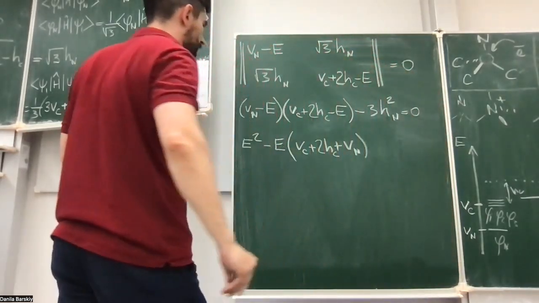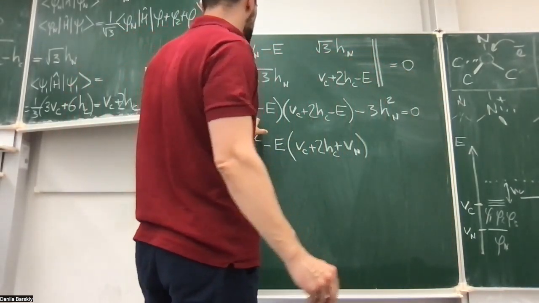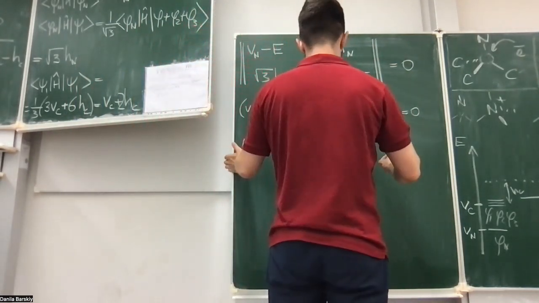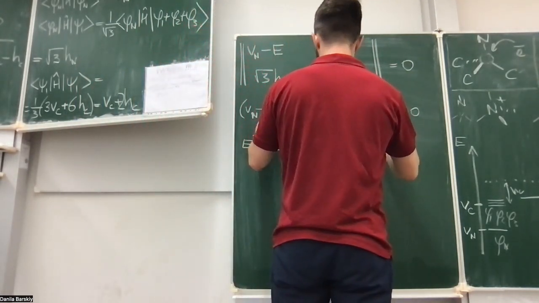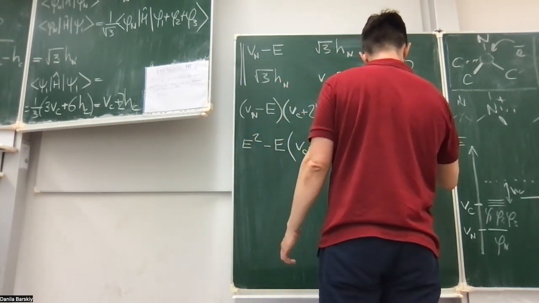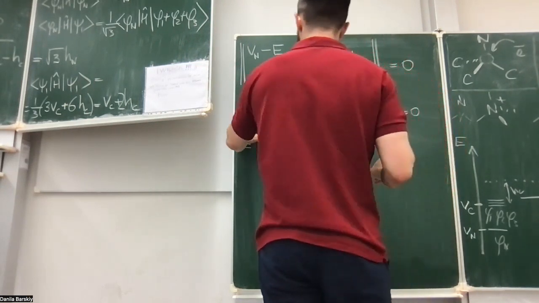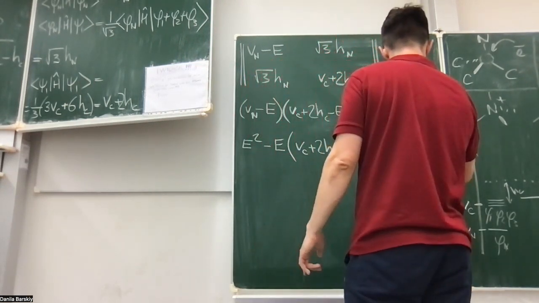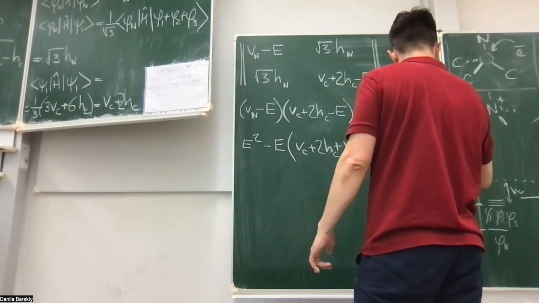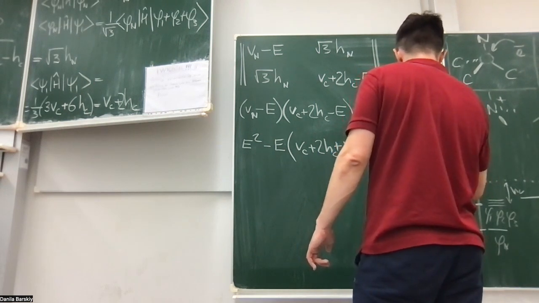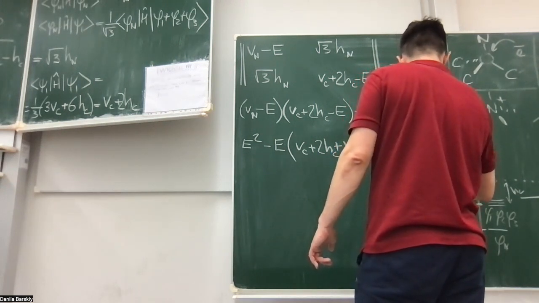So then we have Vn VC plus Vn VC plus 2 Vn VC minus 3 H squared equal to 0.